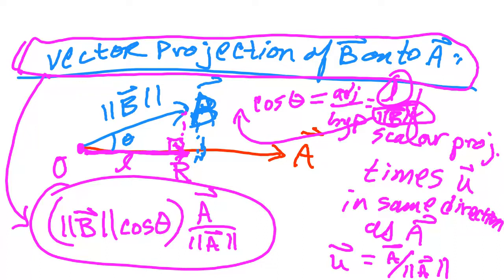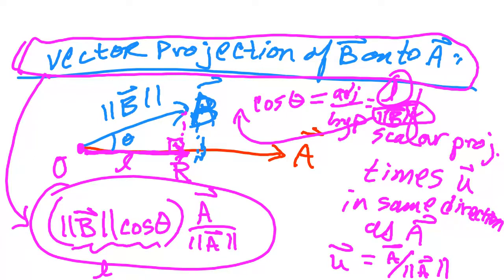And so that's the length L there. So I've got the length of vector OR times a unit vector in the same direction, and that gives me that vector. So that's what the vector projection of B vector onto A vector is.